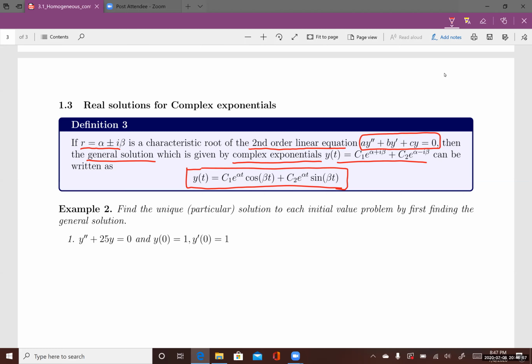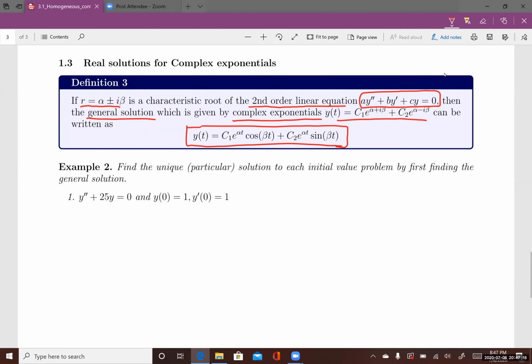So keep in mind, if you have a complex root, then you want to think of cosine and sine involving beta and then e to the alpha t. Again, alpha and beta here are the real part, and i here is the complex part.